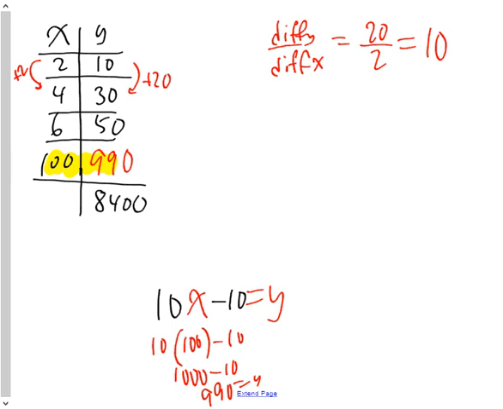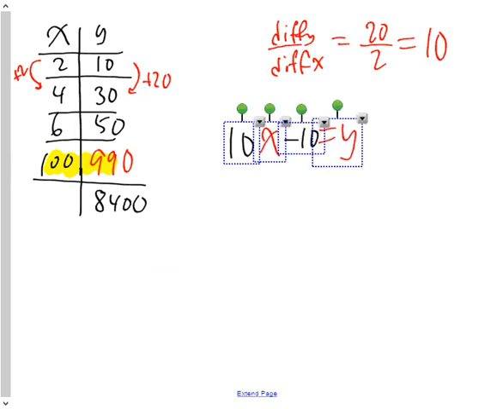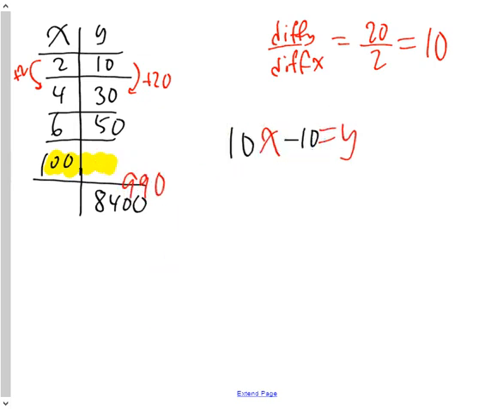Now, some people don't know what to do when the x is not given, but rather in this case the y. So if I take my equation here, and this time what's given to me is not the x value, but rather the y value. So I take that equation and I substitute y for 8,400.